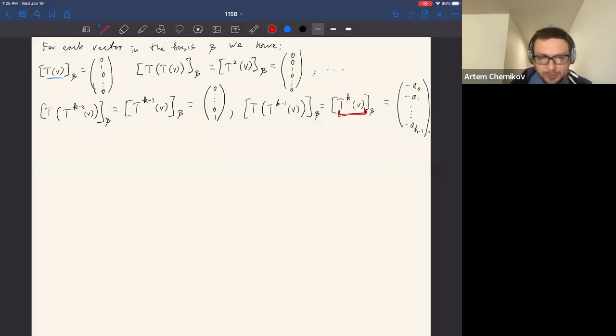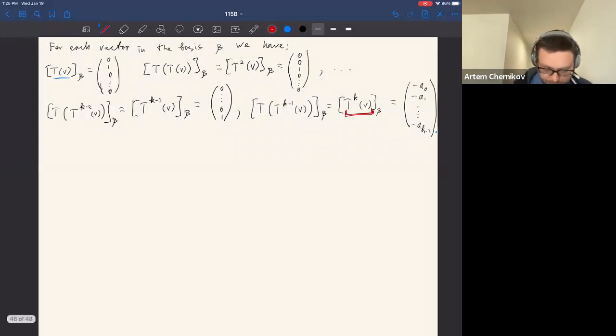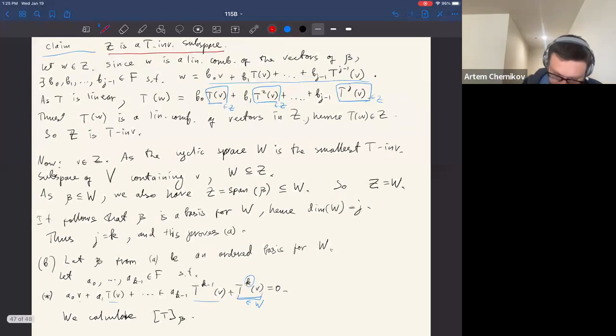Okay, so let me move the page back for a second to remind you. So remember, this is how we chose these scalars, A0 through A k minus 1, right? So we know that this is equal to 0, where this is T k of V, right? But then this tells us the coordinates of T k of V with respect to the basis beta.